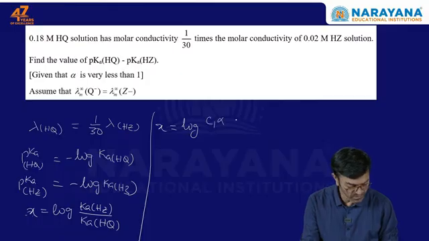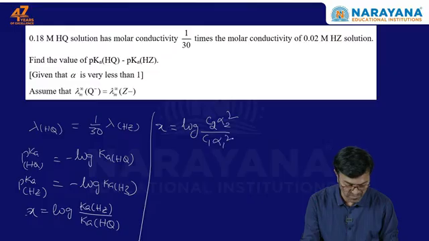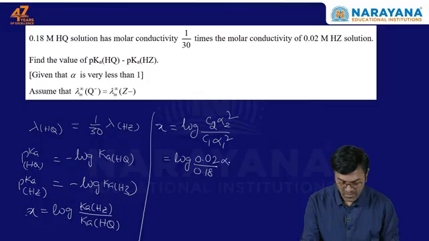C2 alpha 2 square by C1 alpha 1 square, letting HZ be C2. Log of C2 is given, that is 0.02, and C1 is given, that is 0.18, times alpha 2 square by alpha 1 square.